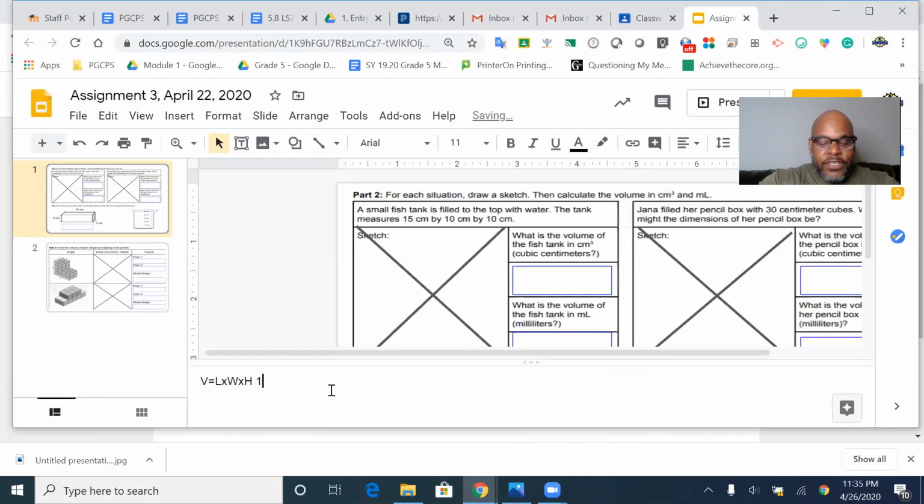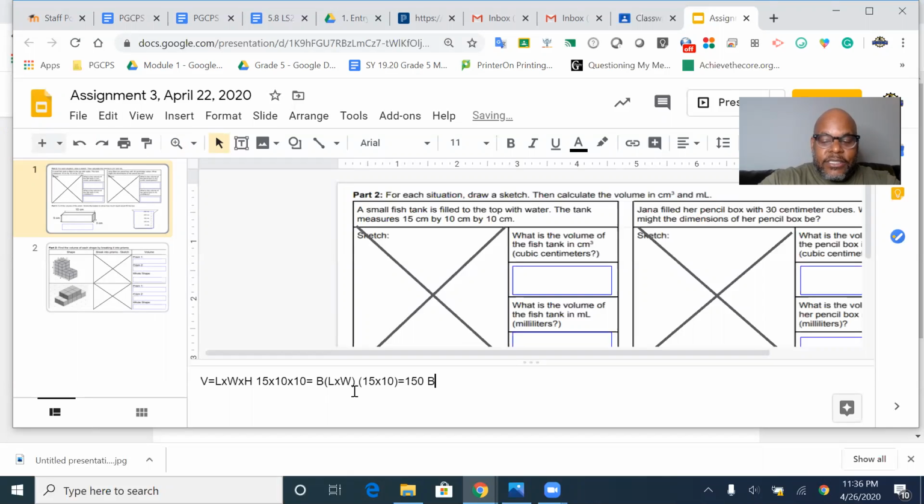So you have 15 times 10 times 10, right? What does that equal? Well, 15 times 10 equals 150. So the base, which is length times width, is equal to 15 times 10, which is equal to 150.